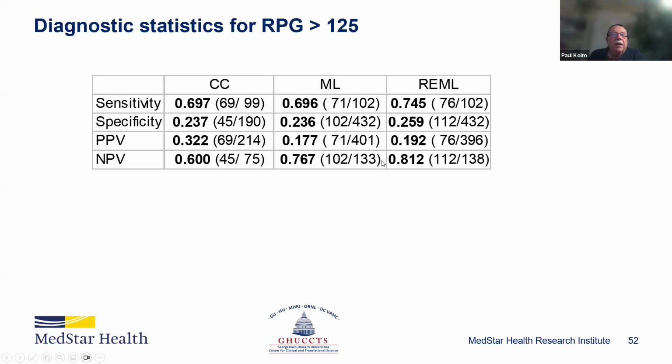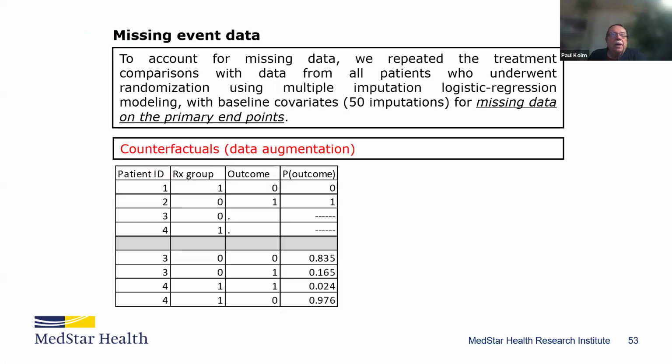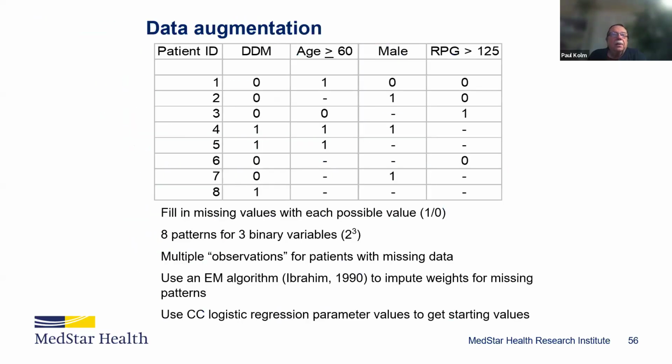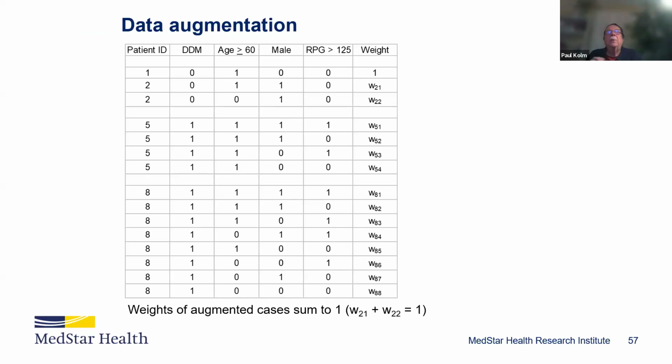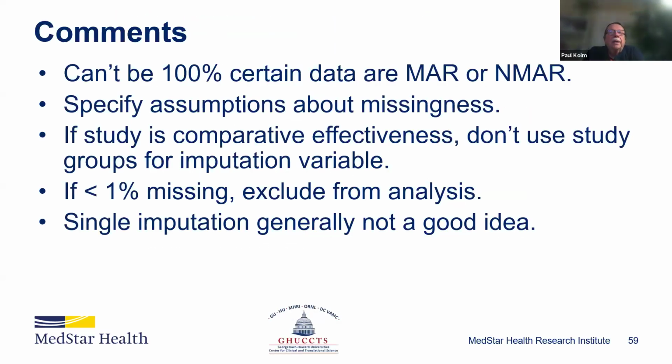Then missing events, I won't take time to go over that. Let me see here. Let me go to my comments. One thing I want to leave you with is that you can never be 100% certain that the data are missing at random or not missing at random. But when you do multiple imputation, you need to specify your assumptions.